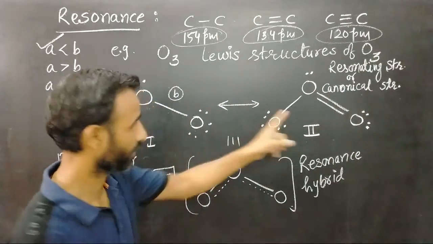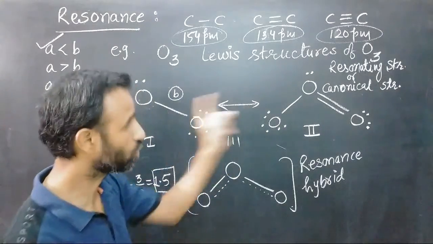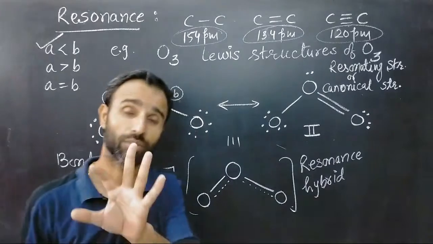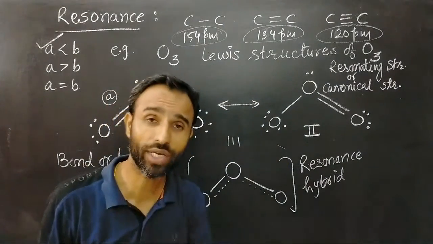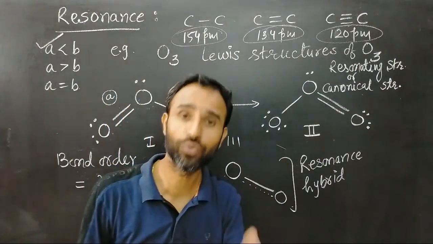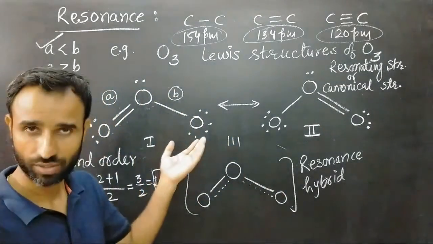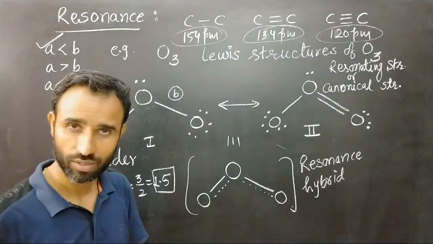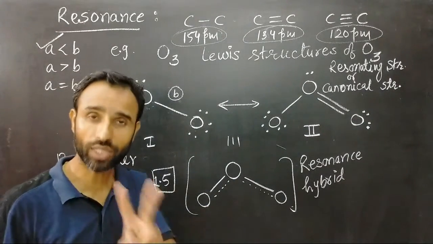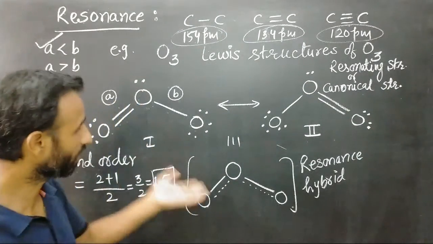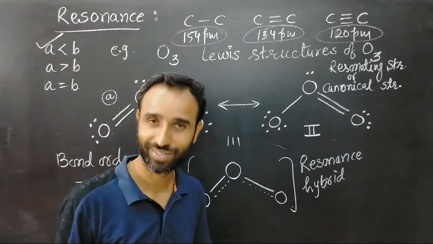ये जो structures हैं ओजोन के, ये एक्चुअल नहीं हैं, ये हमने ड्रॉ किए हैं to explain few of its properties, क्योंकि most of the properties match. There are 3 atoms, there are total 3 bonds, 2, 1 or 1.5 plus 1.5.